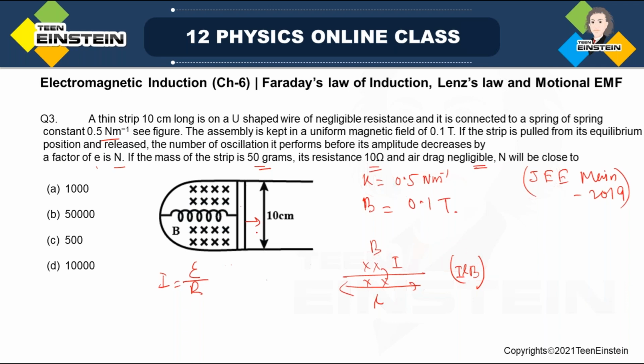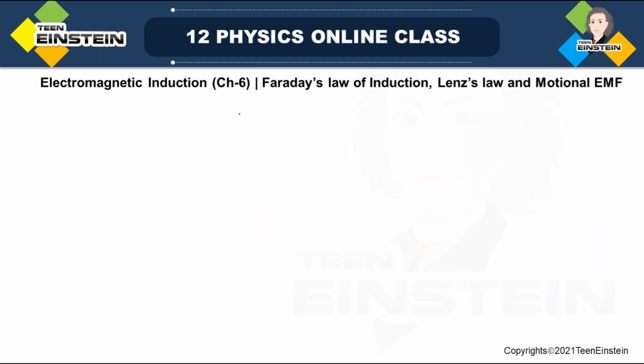So as it oscillates, it will experience a force due to this magnetic field, and also there will be an induced EMF, as you know. That induced EMF will produce a current through this, and due to that current this strip will experience a force, that is BIL. I'll just try to depict it here. What is happening?